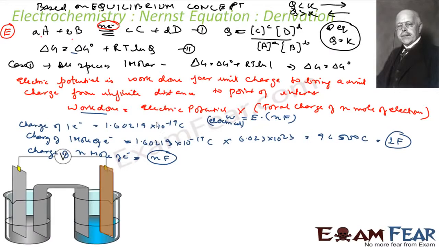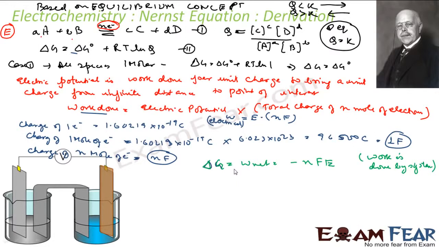So my delta G here will be equal to the net work, and that is minus nFE. Why minus? Because the work is done by the system. Nobody is doing work on the system; the reaction is happening in the system and the system is doing the work. So delta G is minus nFE.